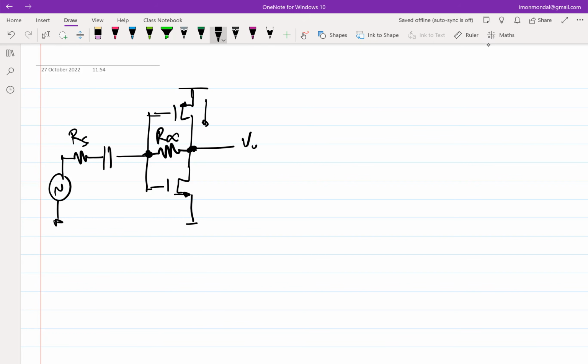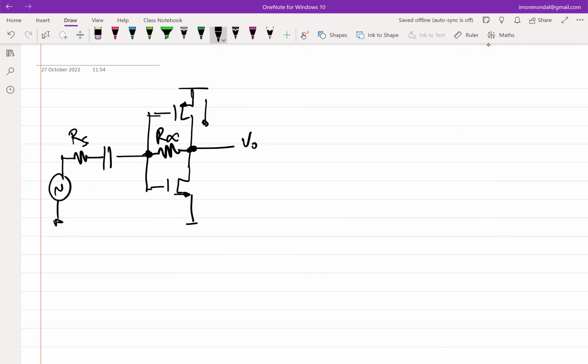And you get the output here. Okay, so this is a standard. This in fact is a very popular topology nowadays, especially because your voltage supply is very low in today's technology. So you cannot really afford to lose headroom just for biasing. So you essentially use whatever you get.